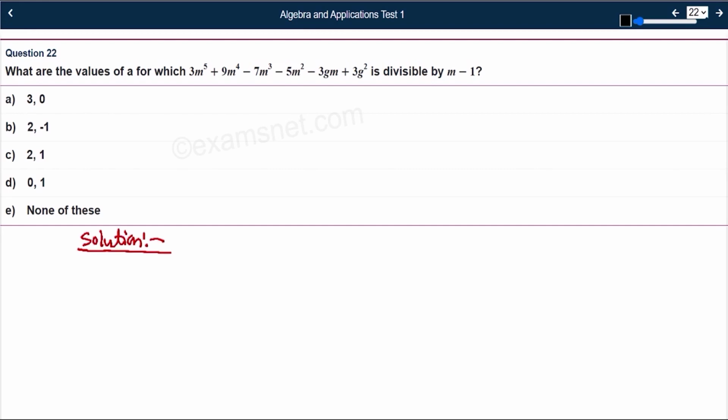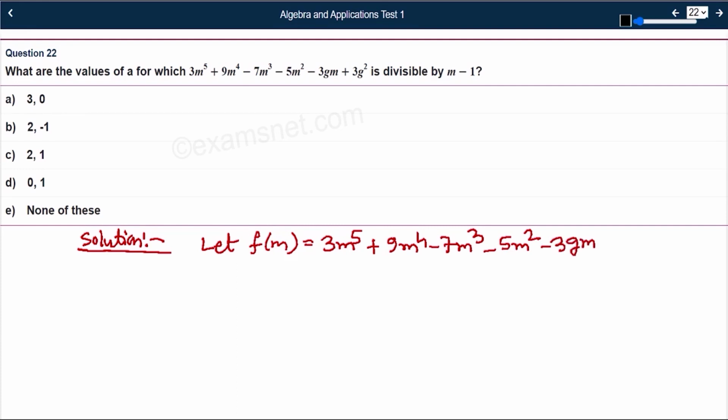Let's name this polynomial, say f(m). So let f(m) be the whole polynomial: 3m to the power 5 plus 9m to the power 4 minus 7m cube minus 5m square minus 3gm plus 3g square.